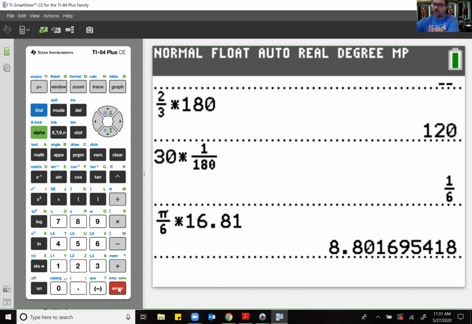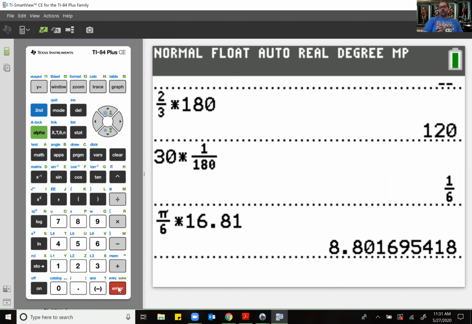Rounded to the nearest hundredth, you get 8.80. If you don't want to put the 0 in, you don't have to, but usually if it says to the hundredth, I would make sure that I have the 0 there so that it can be seen that there really are 2 decimal places that I'm talking about.